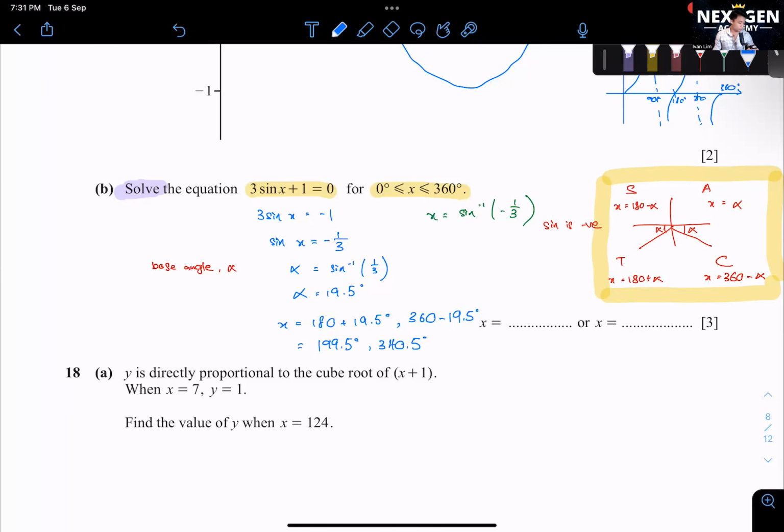For those who don't know, what I want you all to write down: go into Thinkific and watch 6.4, Sine, cos, and tangent for any angle.